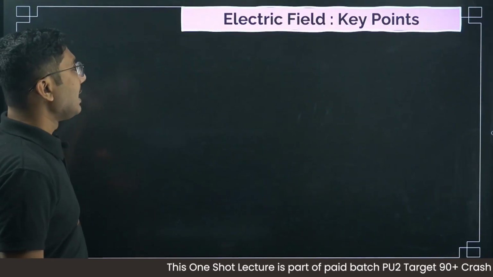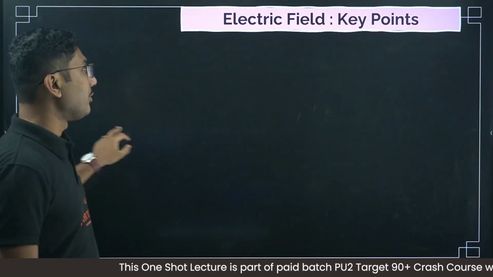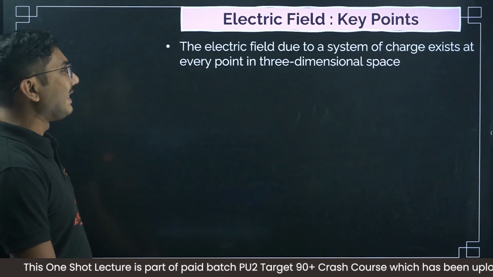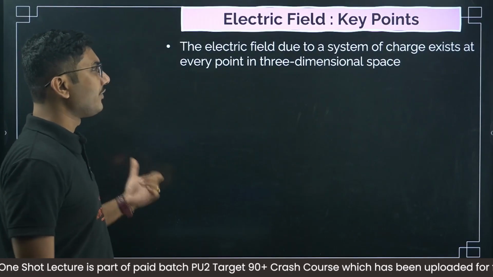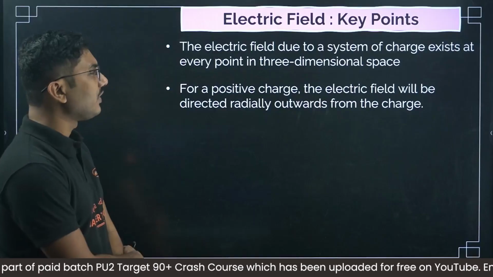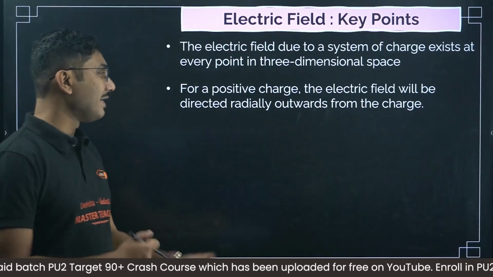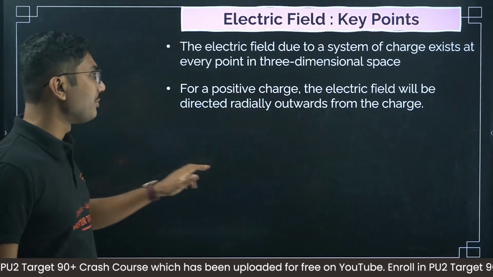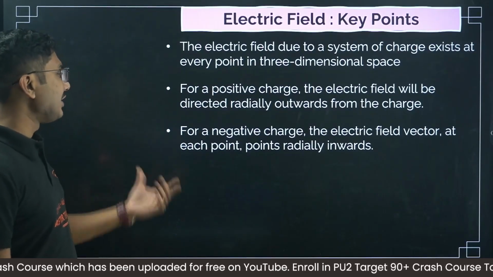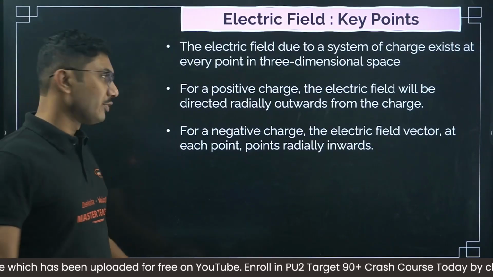Next are a few points that you have to remember about electric field. The electric field due to a system of charge exists at every point in three-dimensional space. For a positive charge, the electric field would be directed radially outward from the charge. I already mentioned that. For a negative charge, the electric field vector at each point points radially inward.